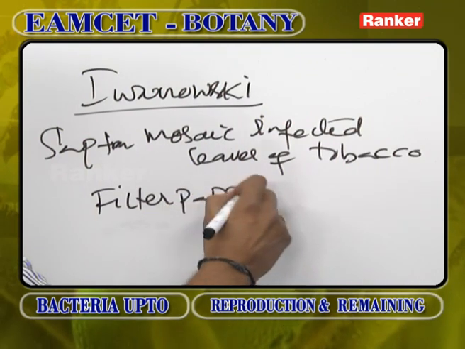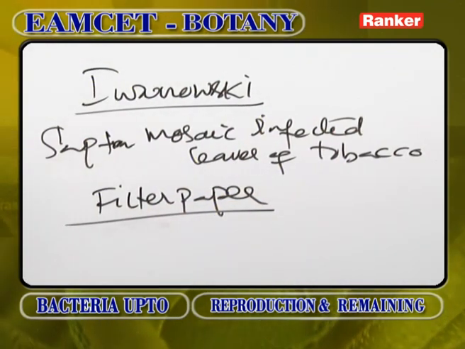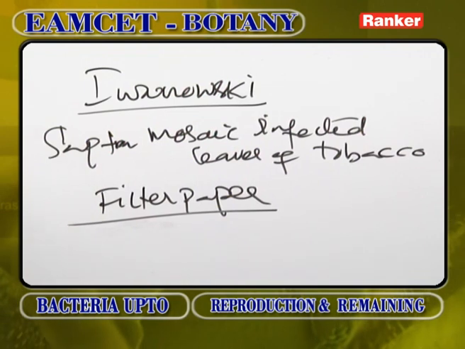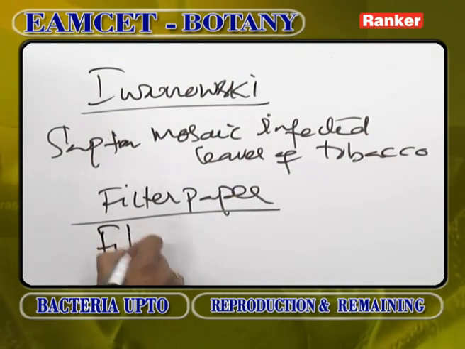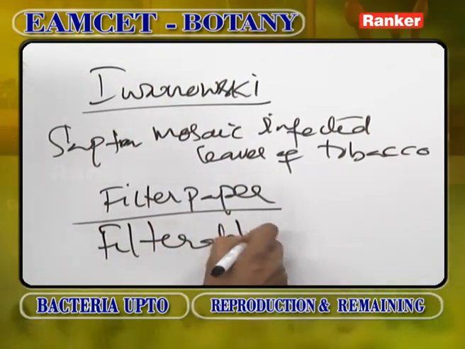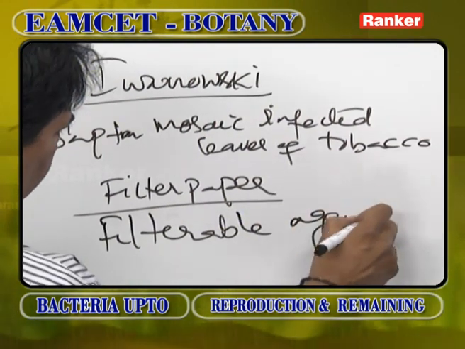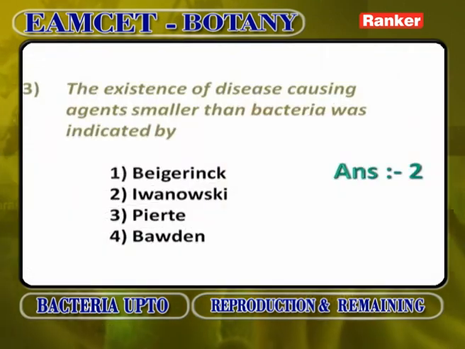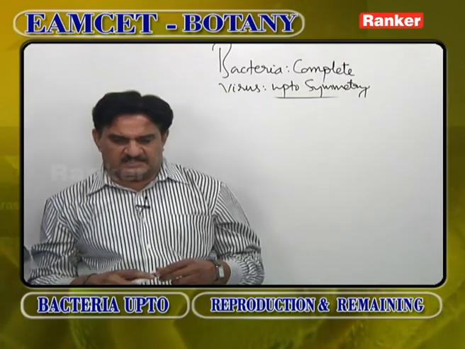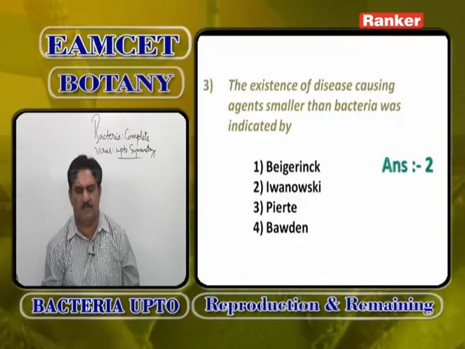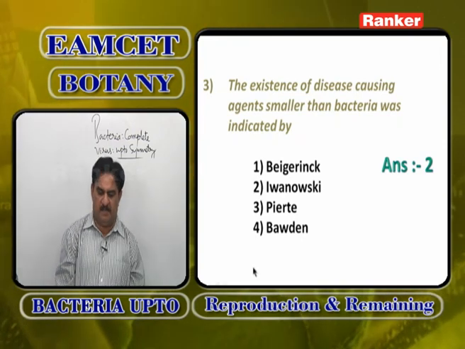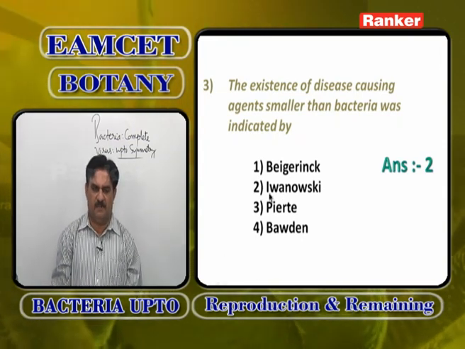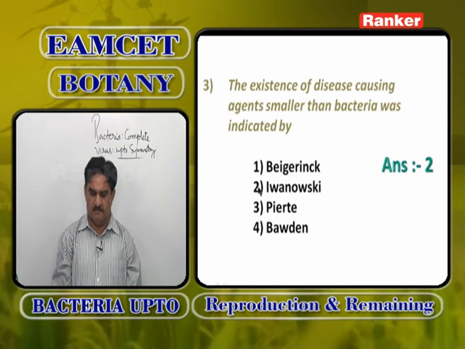Filter paper has minute pores through which even bacteria cannot pass, but the particles present in the sap easily move through these pores. Hence, he called them filterable agents. So, the existence of disease causing agents smaller than bacteria was indicated by Ivanoski as filterable agents.